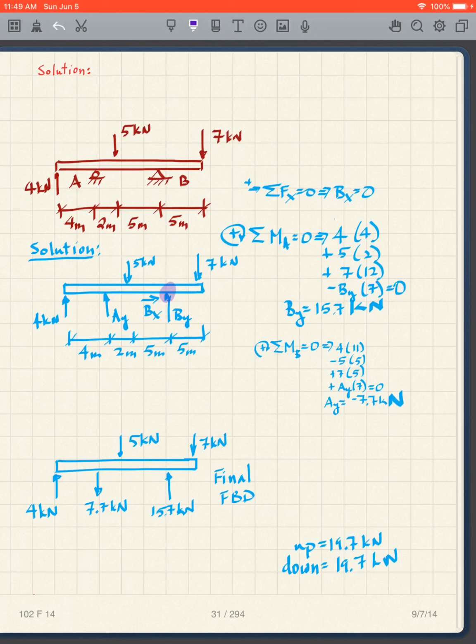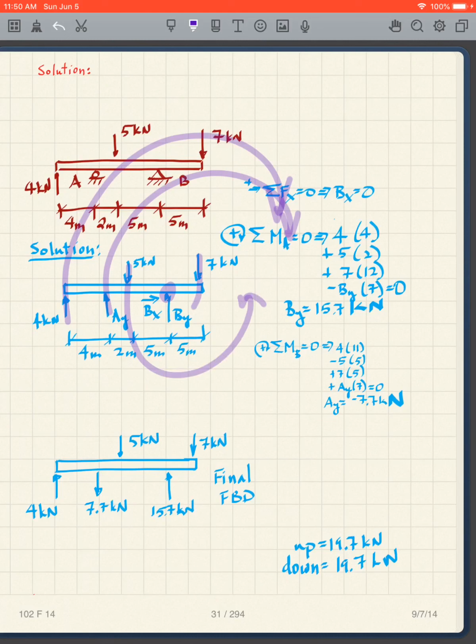Moments about B, it's going to be 4 times 11, AY times 7, 5 times 5, 7 times 5, and then the signs, clockwise positive, counterclockwise negative, clockwise positive.